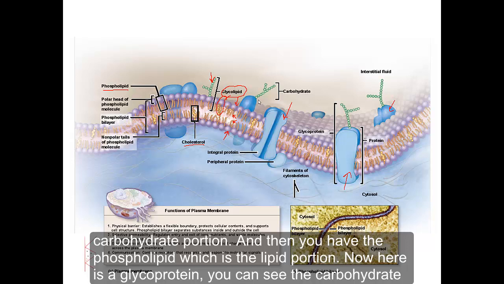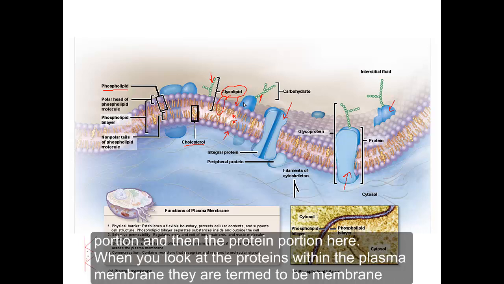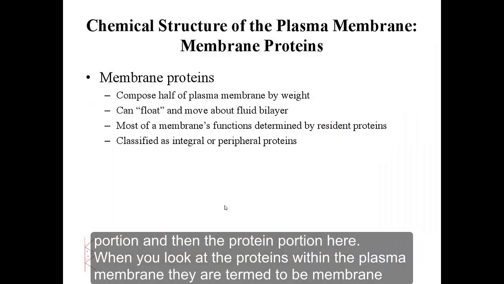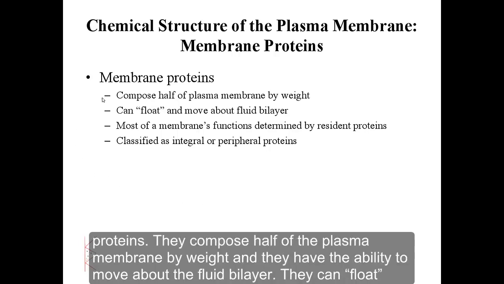Now, here is a glycoprotein. You can see the carbohydrate portion and then the protein portion here. When you look at the proteins within the plasma membrane, they are termed membrane proteins. They compose half of the plasma membrane by weight, and they have the ability to move about the fluid bilayer. They can float throughout it.